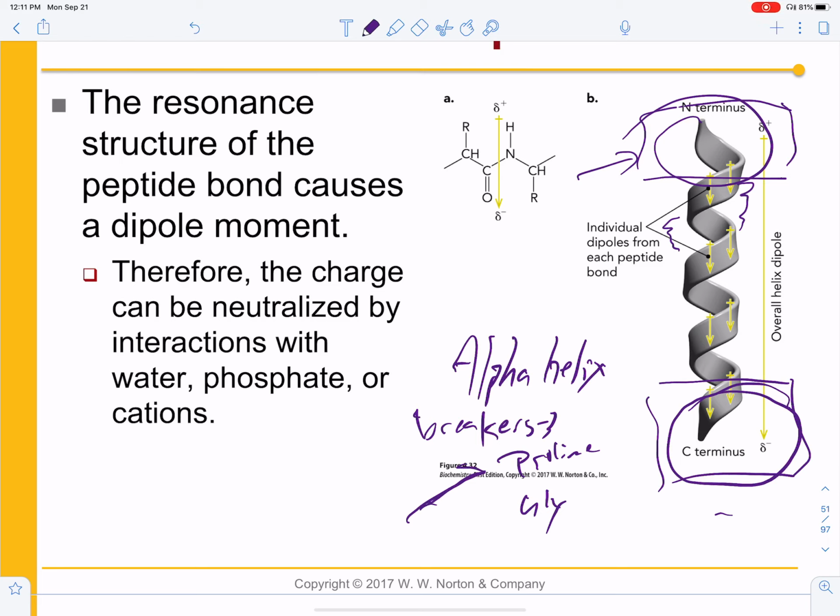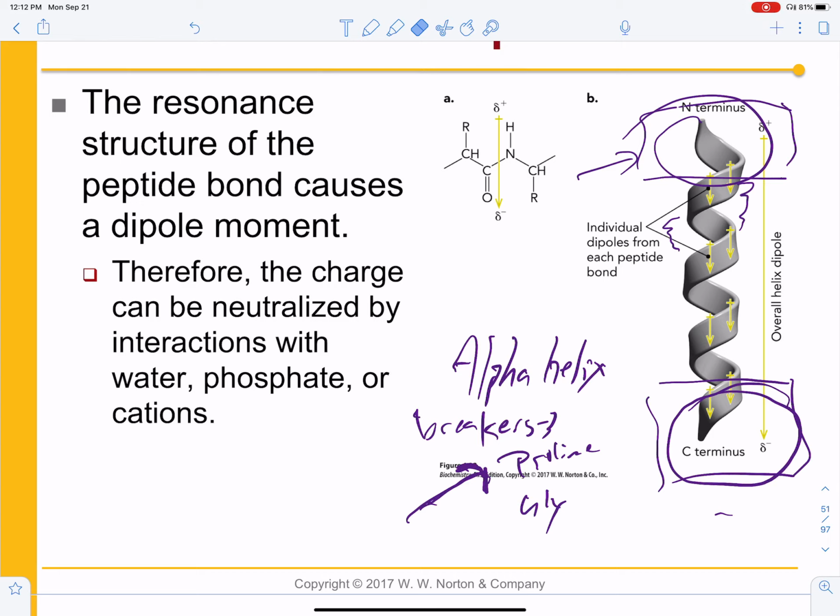Proline, as we saw before in that Rama plot, has a very rigid structure due to the nature of the R group, and therefore it doesn't allow for the formation of the alpha helix. Whereas glycine has the opposite problem: because it's so flexible, it doesn't give enough structure to allow for the formation of the alpha helix.